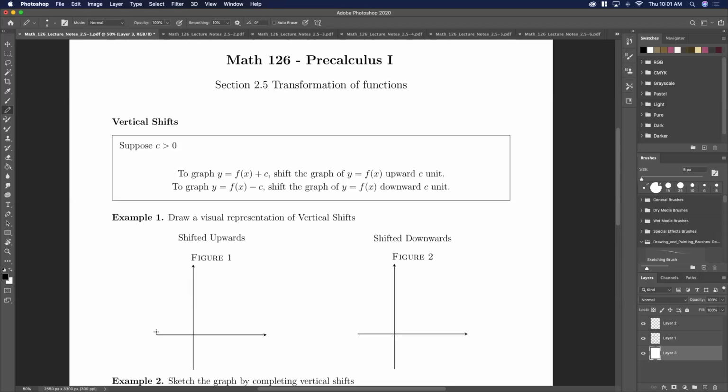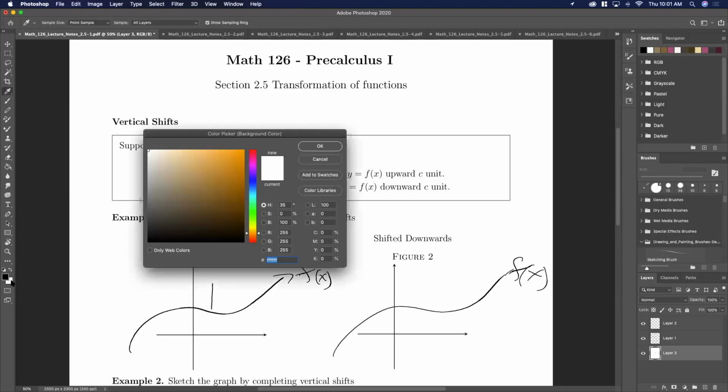If we have some graph, let's draw the same graph twice. Let's pretend this is my f of x, and this is my f of x. If I shift it upwards, I'm going to go up by c. Let's just use different colors today.